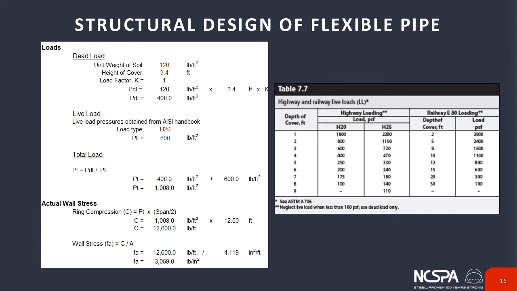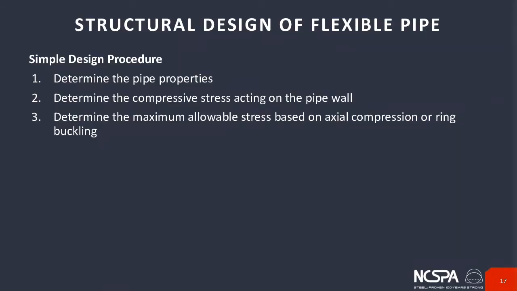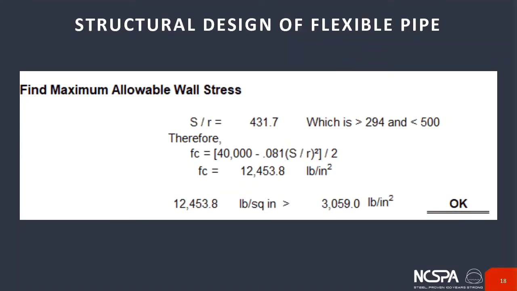So that's always the first step, computing what the stress is in the pipe wall. The next step would then be to determine what's the allowable stress. So now we've computed what the actual stress is. Now we would determine what the allowable stress is on the pipe wall, and there's a formula within the NCSBA methodology that is based on a ratio, kind of a slenderness ratio.